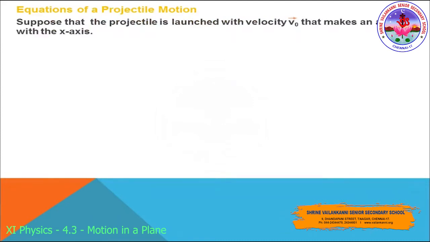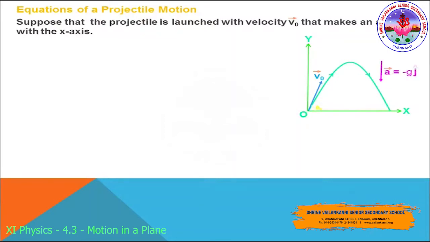For example, suppose a body is projected horizontally with the velocity v0 from the point O at a certain height above the ground level. The body is under the influence of two simultaneous independent motions: the uniform horizontal velocity and the vertically downward motion with constant acceleration g, right?